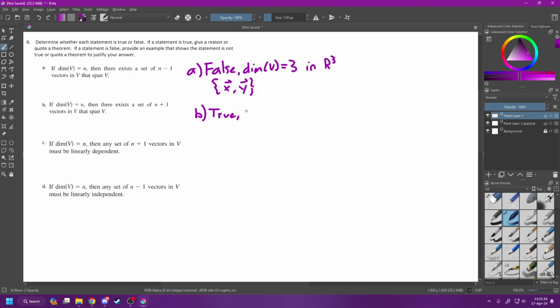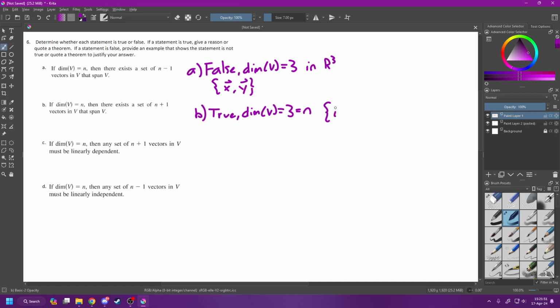For example, I'll borrow this from before, if the dimension of V is equal to 3, or equal to n as well, then there will be a set of n plus 1, or 4, vectors.